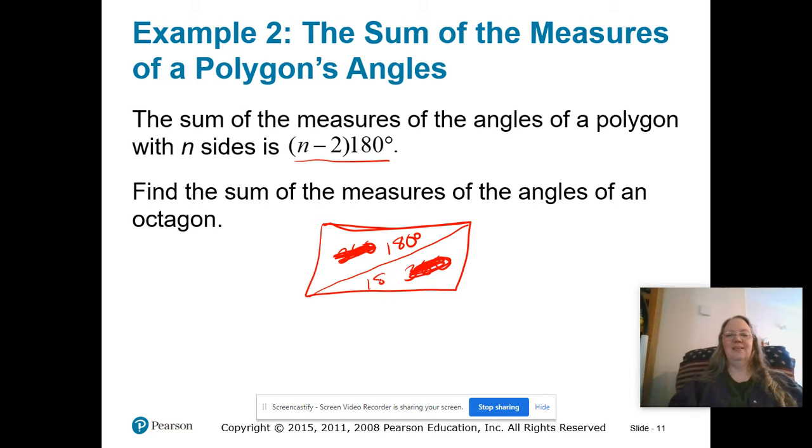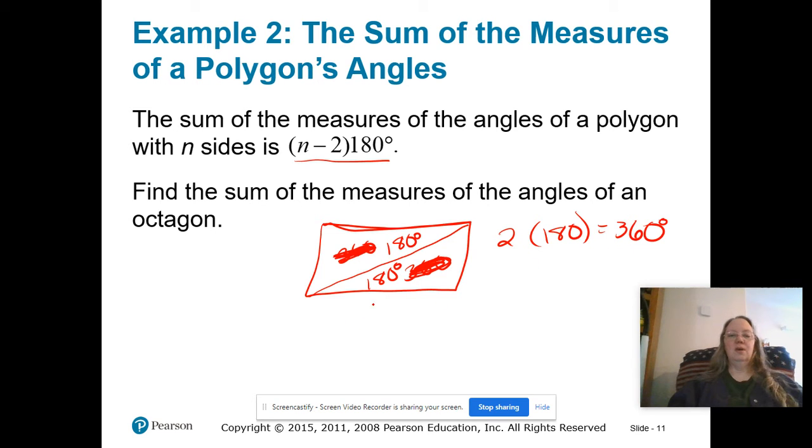Sorry about that, I got my answer before the question. And because I have two of them, 2 times 180, there's my 360. So a four-sided figure has 360 degrees.